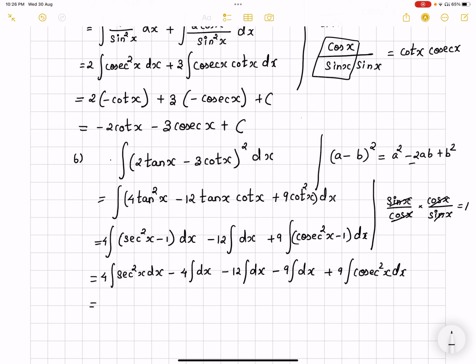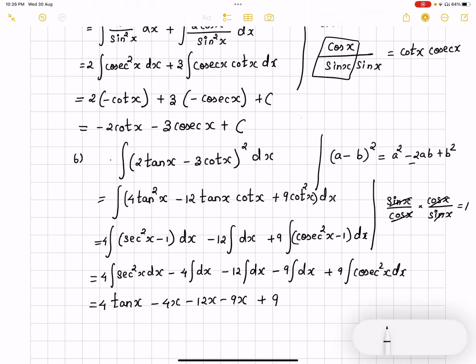So now here, 4 times integral of secant square x dx is nothing but tan x, and then minus 4x minus 12x minus 9x. When we sum it up, it becomes 25. We will take care of that later. And then plus 9, we have cosecant square x. So cosecant square x integration is minus cot x.